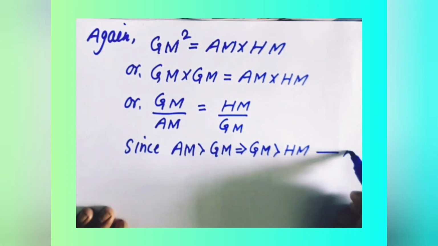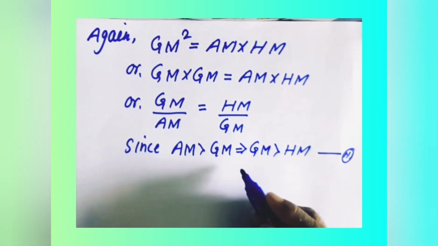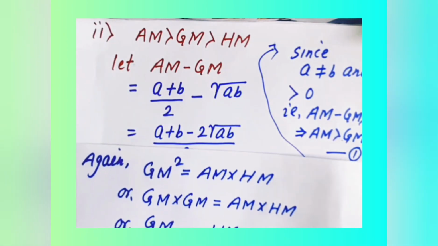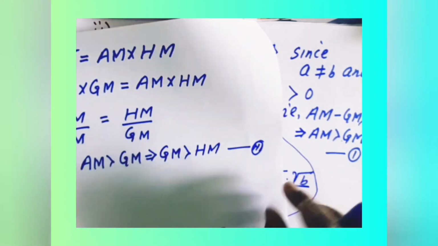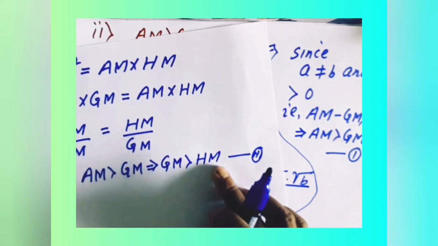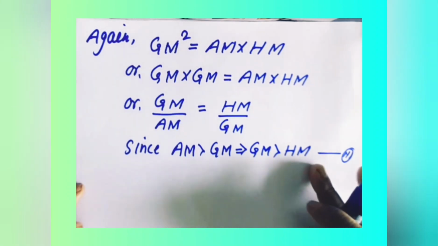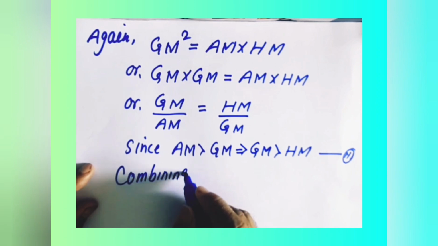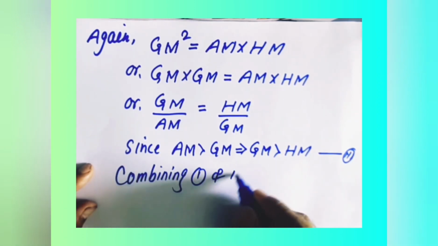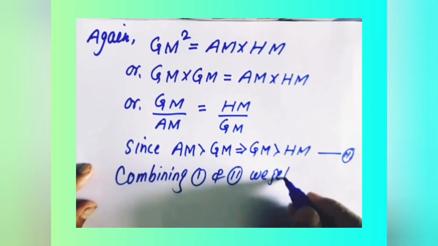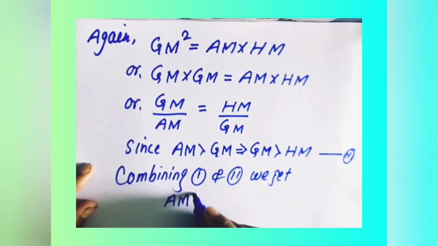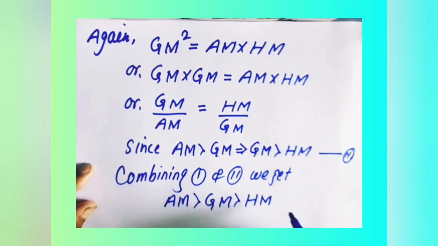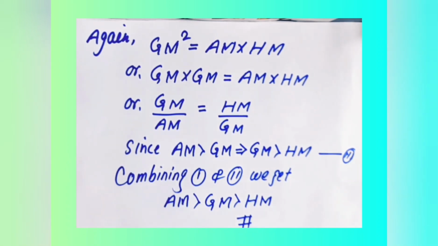From equation 1 we have proved AM is greater than GM, and in the second we have proved GM is greater than HM. Now combining one and two, we get AM is greater than GM is greater than HM. In this way we can prove this type of question.